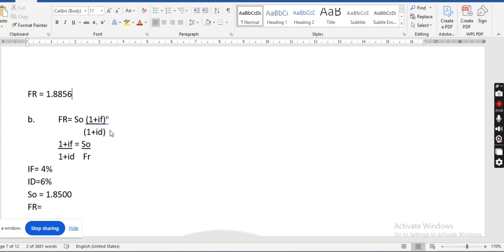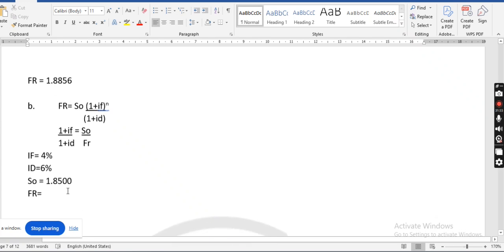Now, we will test something. If this forward rate here is for 1 year, we can raise this 1.88 to the power of 2, since this is for 1 year, and see whether we will have the same answer. We need to test this now. In this case, this formula has actually changed.